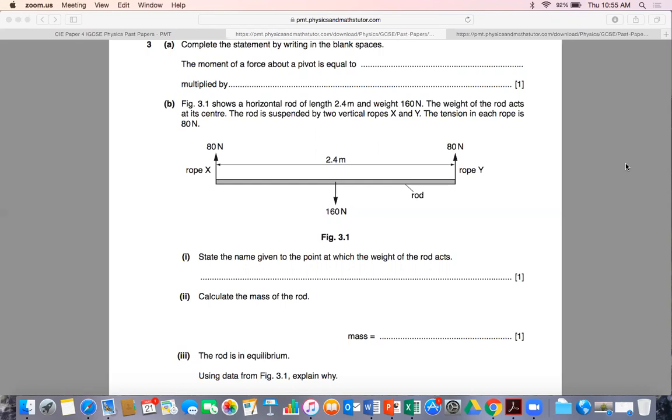Divide by 10. Mass to go to weight, you times 10, because you times gravity. So from weight to mass, you take 160 Newton divided by 10. That means the mass is 16 kg.